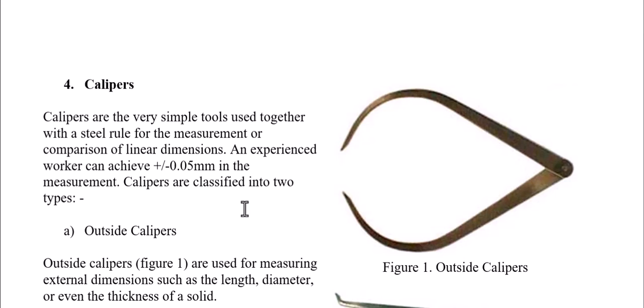They must be used with other measuring devices. For instance, this one is used to measure the diameter. So you put your workpiece and you close it within these two jaws. Then you remove the workpiece and measure the distance between the first jaw and the second jaw to know the diameter of the workpiece that you have been measuring.